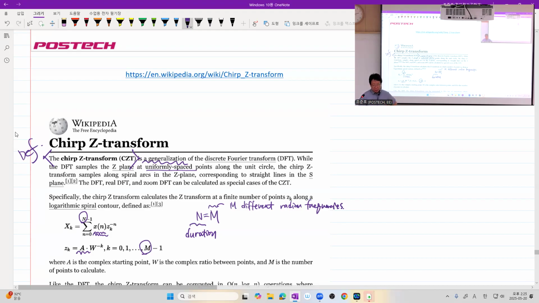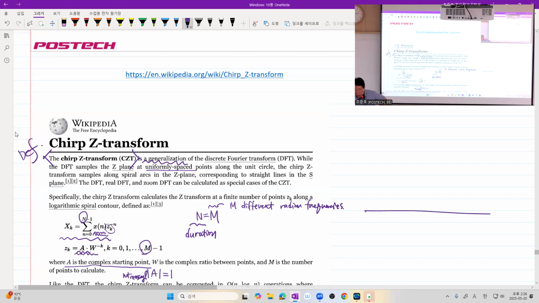Anyway, so here, this looks more like the Z transform, but here, G sub k is actually A times W raised to the power of k. And be careful, here, A is a general, non-zero, complex starting point, which means it is not necessarily 1, not necessarily.